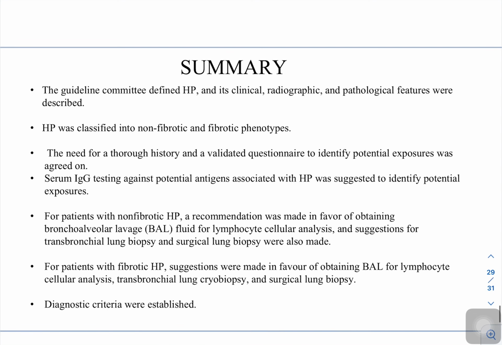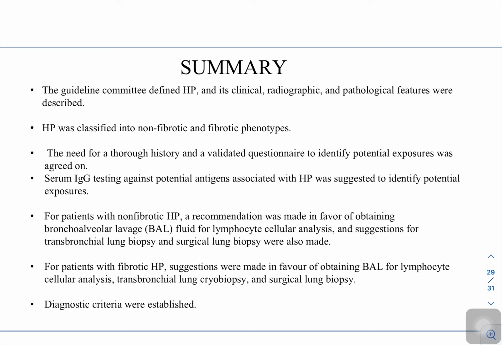Let's come to the summary. The guideline committee defined HP, and its clinical, radiographic, and pathological features were described. They have classified HP into non-fibrotic and fibrotic phenotypes. The need for thorough history and a validated questionnaire to identify potential exposure was agreed on. Serum IgG testing against potential antigens associated with HP was suggested to identify the potential exposures.